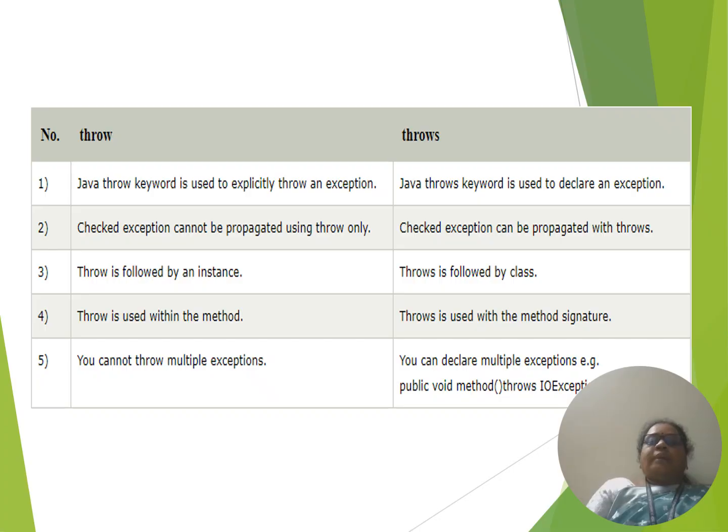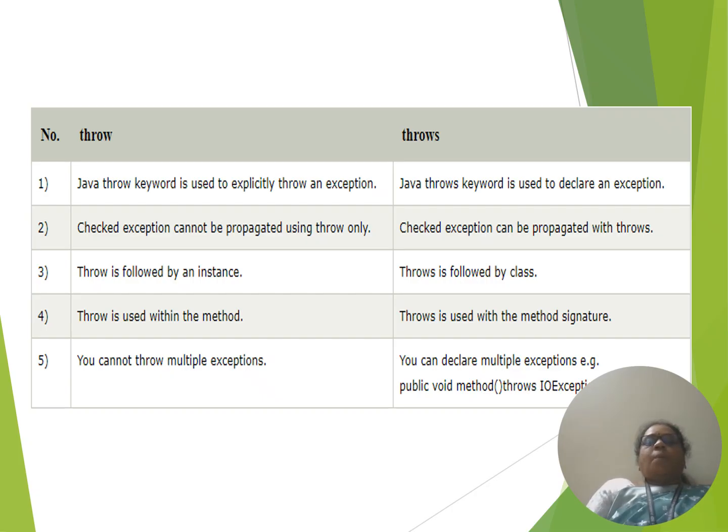Throw is followed by an instance. Throws is followed by a class because it is a checked exception. Throw creates an instance, a runtime error. Throw is used within the method. Throws is used with the method signature.